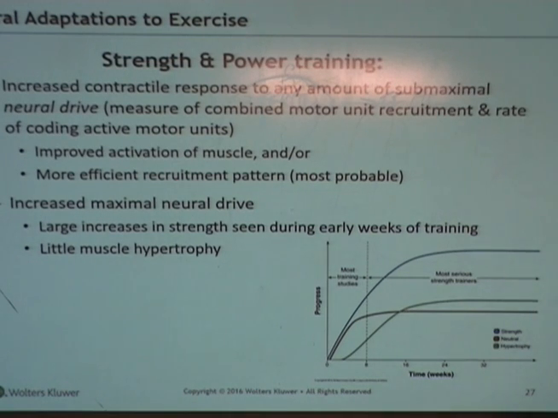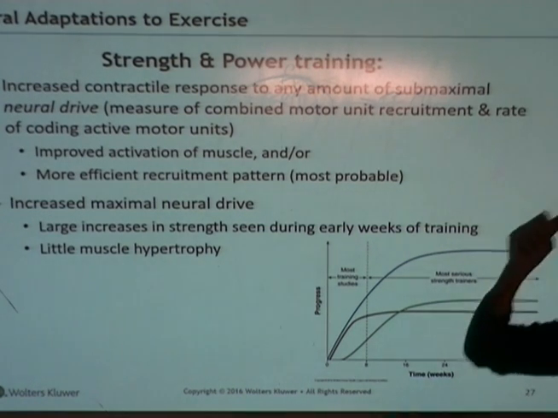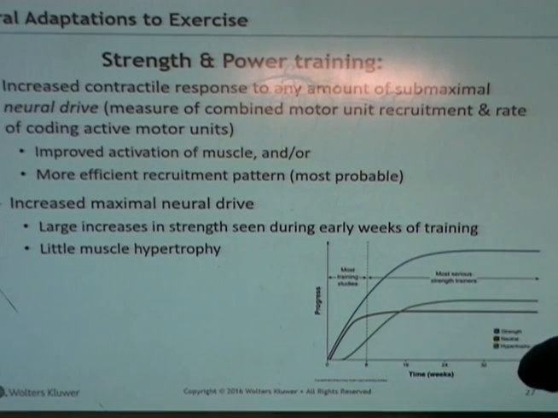So if I'm doing strength and power training, what I want to be able to do, because at no time will your brain allow you to contract 100% of the muscle fibers in any one muscle, right? You would blow your arm up or your legs up, right? So that never happens. We never contract 100% of our muscle fibers.